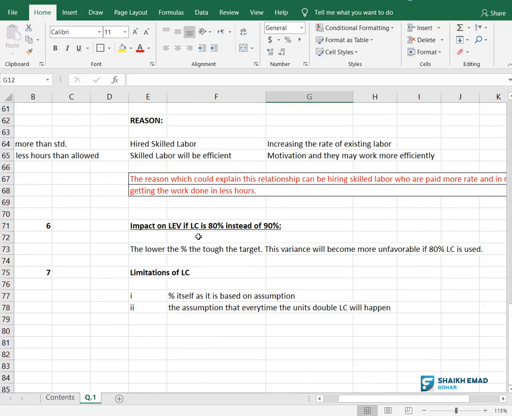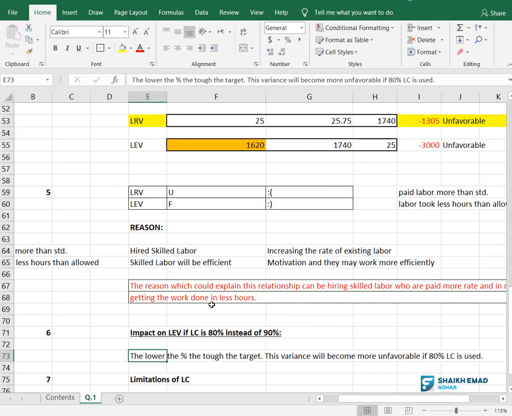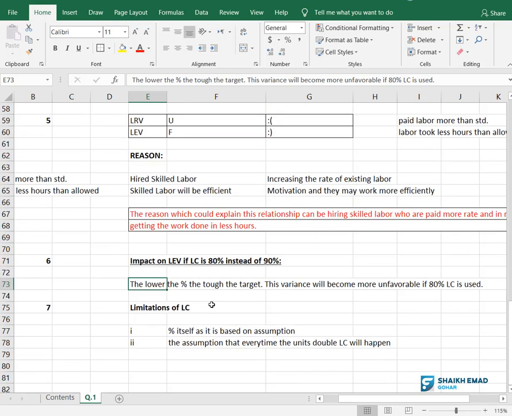So this is what we wrote here. The lower the percentage of the target, this variance will become more unfavorable if 80% is used. You are not supposed to tell the figure exactly, but I told you how to calculate it. It's very simple. If in case they ask you calculation, you can do it also. By the way, Excel sheet is not allowed in your exam till now, so you have to use Notepad. This sensitivity analysis you have to do manually, in the notebook they will give you, with your calculator.